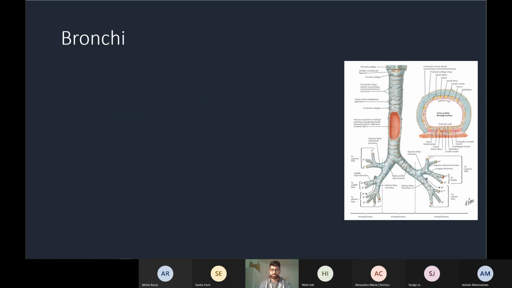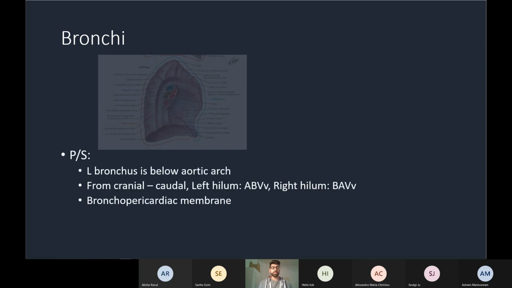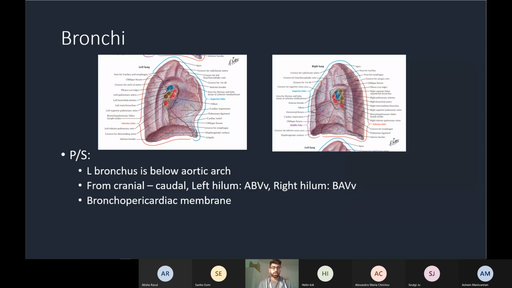Okay, so let's talk about the position and syntopy. The left bronchus is located below the arch of the aorta, and another very important scheme in the book is the positioning of the hilum of the lungs. What's important to note is that the organization is different from left to right lung.